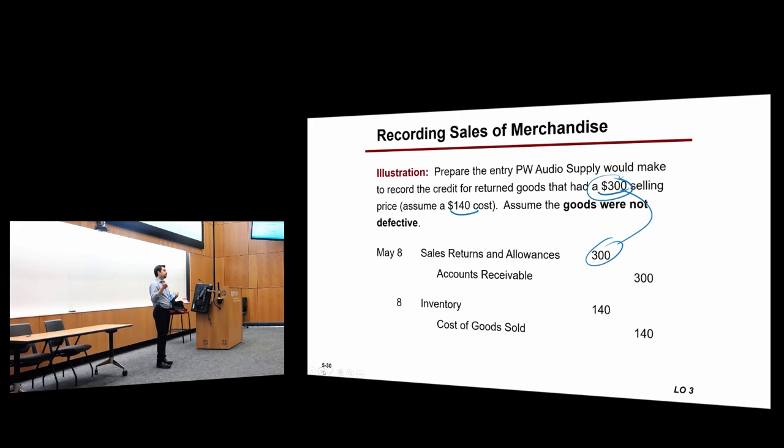The first one, you debit the contra revenue account, in this case it says revenues and allowances, and you credit cash or accounts receivable. And then you also recognize the inventory change. It has increased because you received those products back. So it's debited 140, and your expense, cost of goods sold, has decreased. So you credited 140.